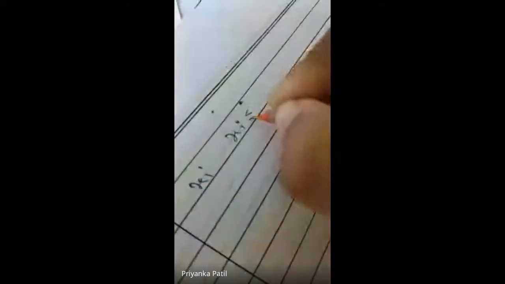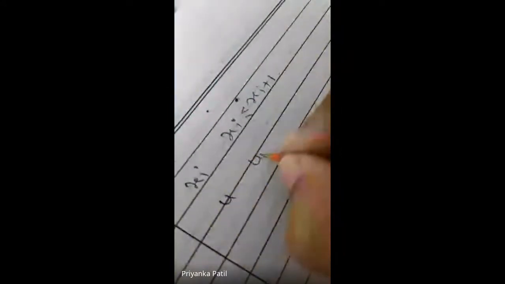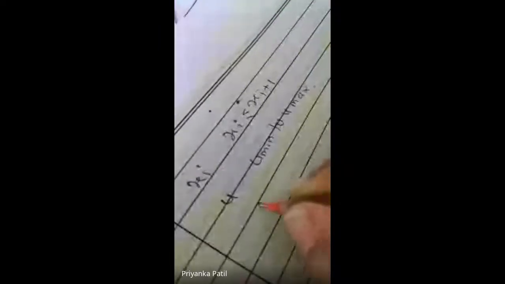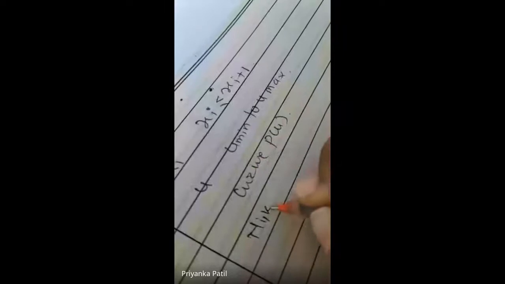Here, the values x_i are the elements of the knot vector which satisfy the relation x_i is less than or equal to x_{i+1}, and the parameter u varies from u minimum to u maximum along with the curve P(u). So the choice of the knot vector has a significant influence on the given basis function N_{i,k}(u), and hence the resulting curve.